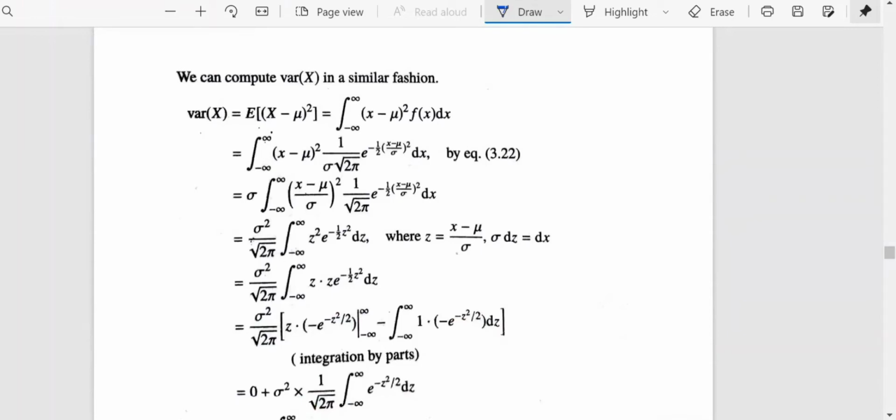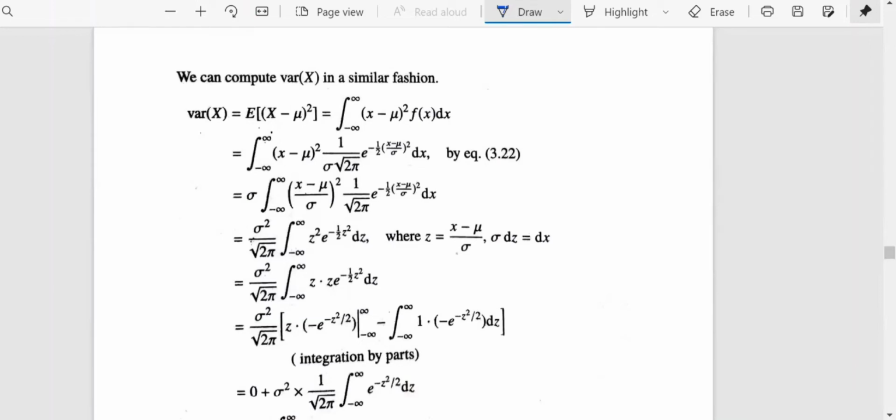Now applying integration by parts, we will get it of the form sigma square by root of 2 pi, as it is, z times e raised to minus z square by 2, minus the integral of derivative of first, integral of second, where the integral of z e raised to minus z square by 2 is minus e raised to minus z square by 2.